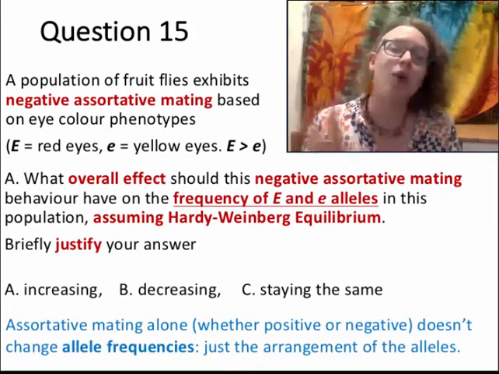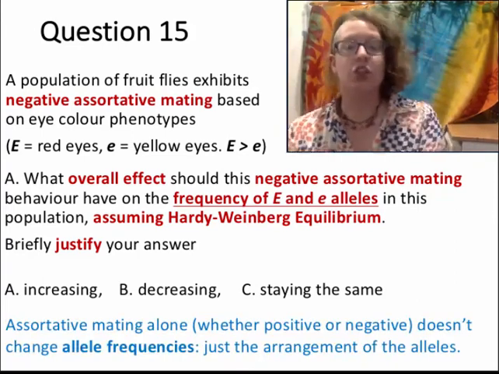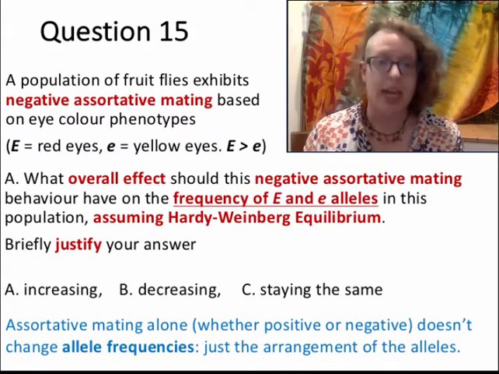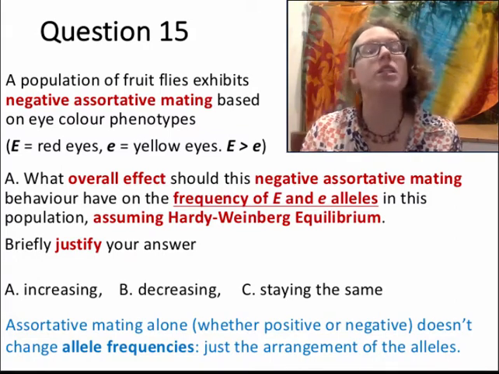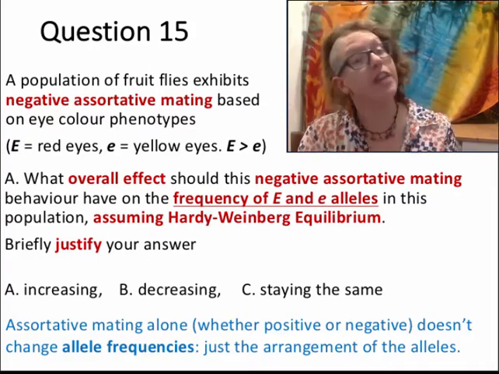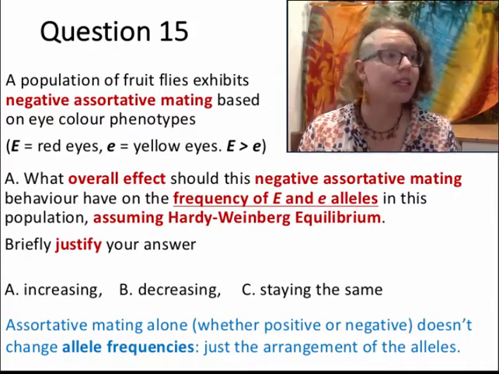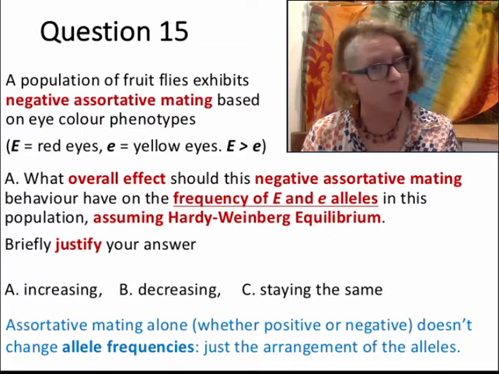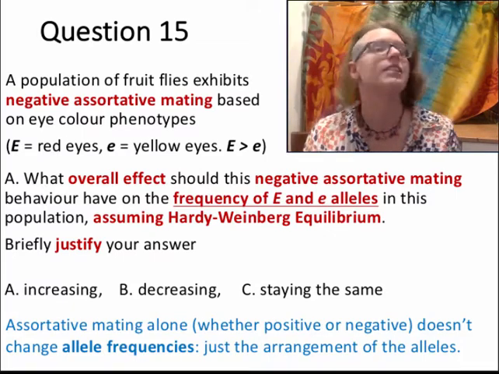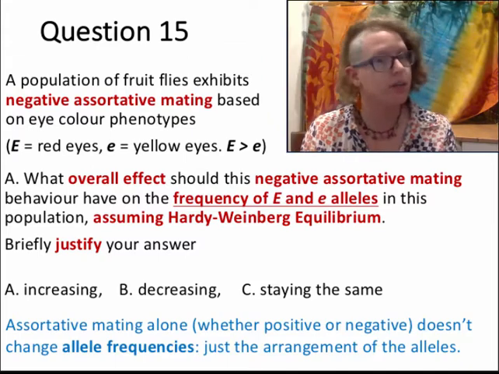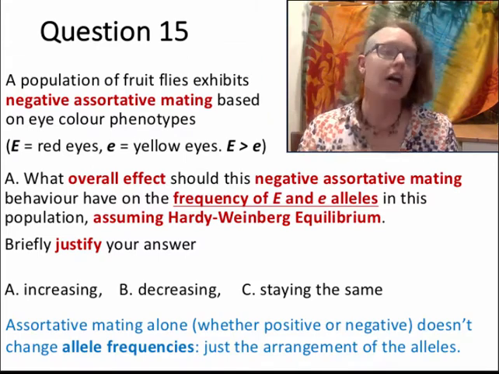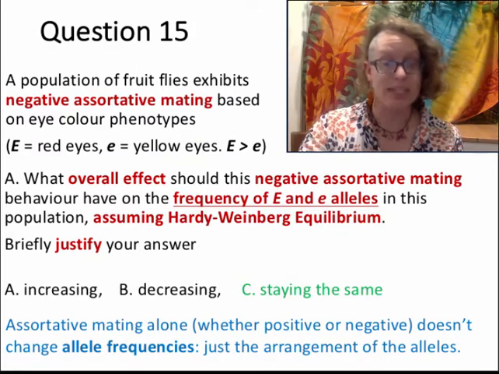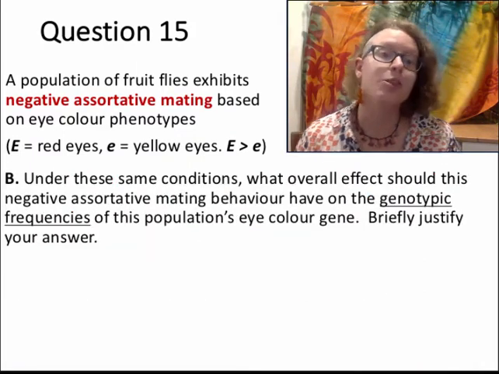So in Hardy-Weinberg equilibrium, negative assortative mating specifically doesn't affect frequency. It does change the arrangement of the alleles within the different phenotypes. But because nothing is actually being selected for or against, and nobody's dying in the same way, so there's no pressure against one allele or another allele, we're not going to see any changes in allele frequency. So C, stay the same. Here's B.